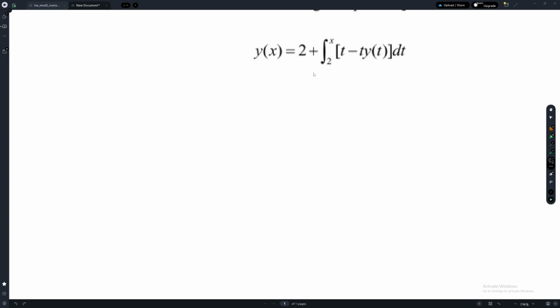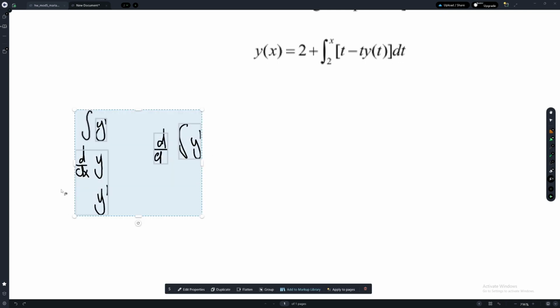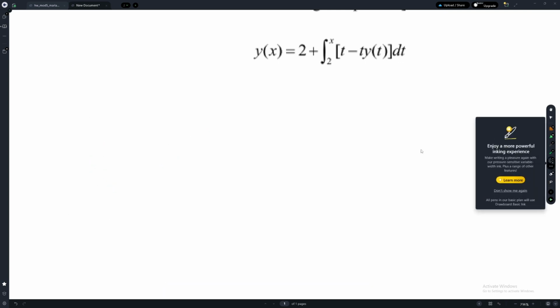One way is to differentiate it, because if I have the derivative of y and I integrate it, it will give me my y. And if I differentiate my y, it will give me y prime again. So if I integrate y prime with respect to x, shouldn't these cancel out? That is the simple concept, but there's more to it.